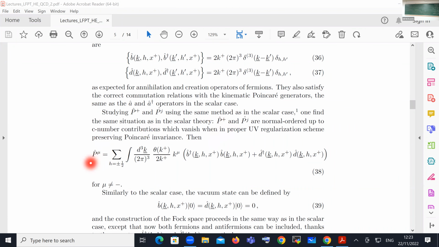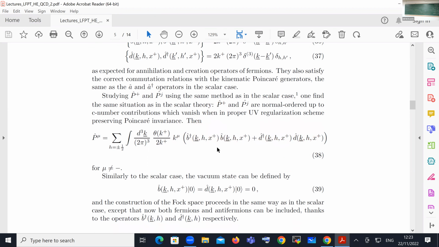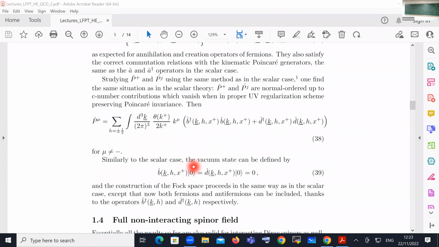For example, the P plus or P perp momenta at the quantum level can be written in such a way, with b and d in the normal order, so you get contributions from the fermions and anti-fermions. Again, we can define the vacuum, for the same reason as yesterday for the scalar, as the state which is annihilated by both the b and the d annihilation operators.